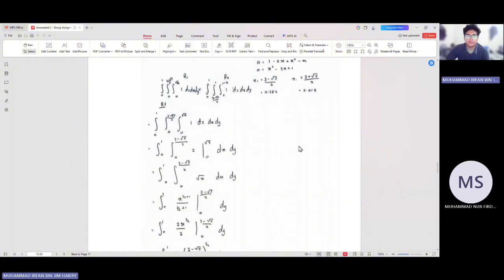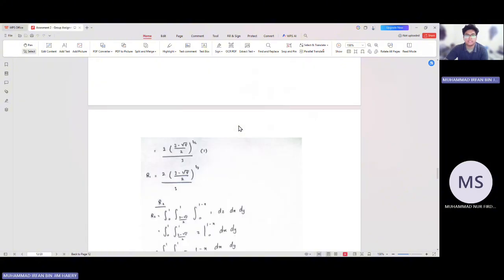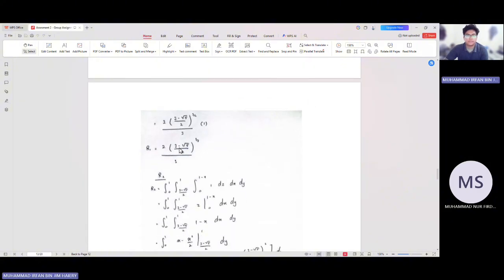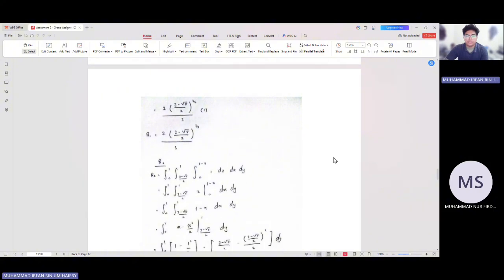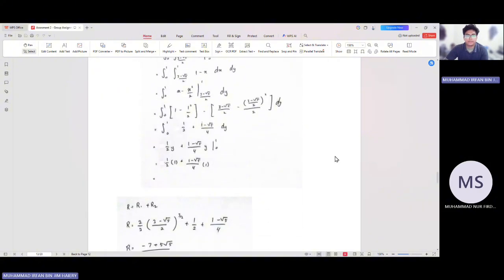For region 1, we make a simple calculation, and we get 2 over 3 times 3 minus root 5 over 2 to the power of 3 over 2. For region 2, we get 1 over 2 plus 1 minus root 5 over 4.